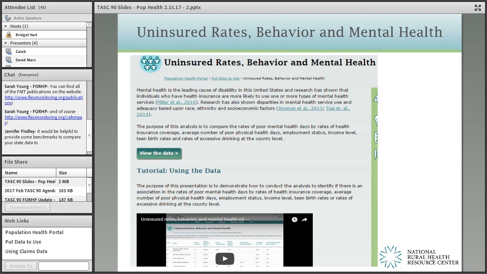And then the third scenario demoing out of the 9 is another new one we've added, looking at uninsured rates, behavior, and mental health.